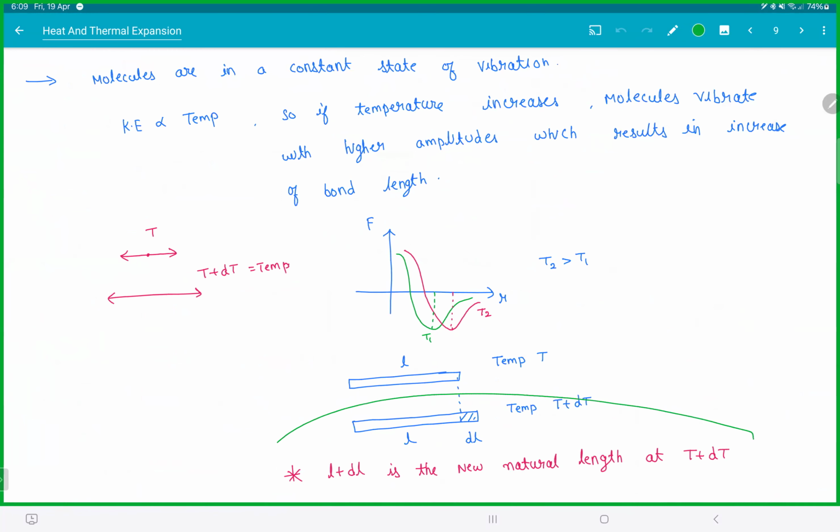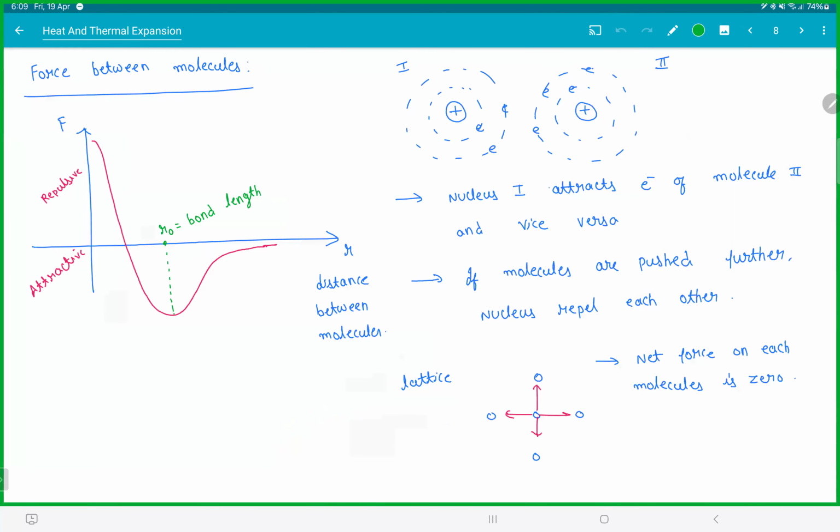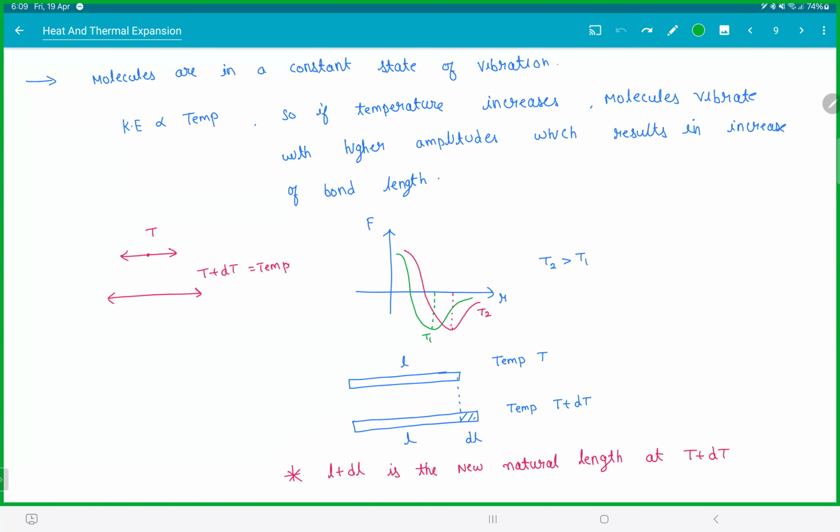Whenever the temperature increases, the bond distance increases, right? And therefore the molecules push each other, creating the new extra length. That means at this new temperature, L plus delta L is the new natural length. The reason why the rod is expanding is because it does not want to have any internal stresses.